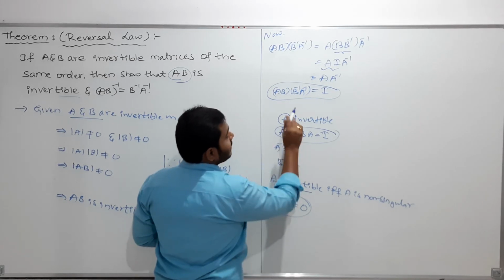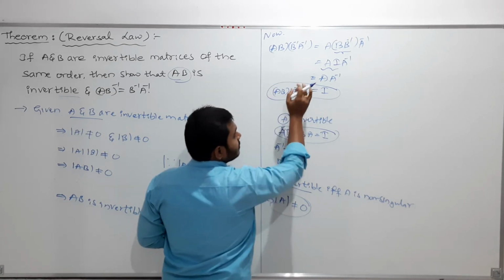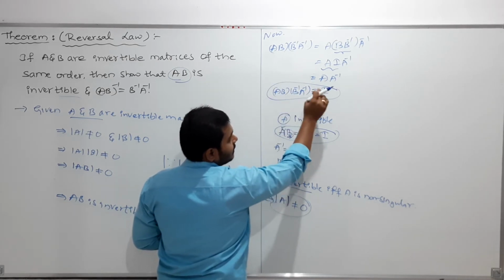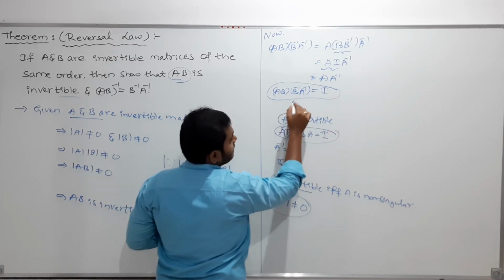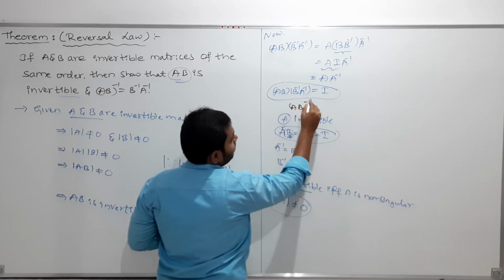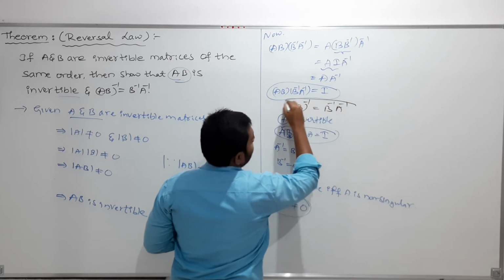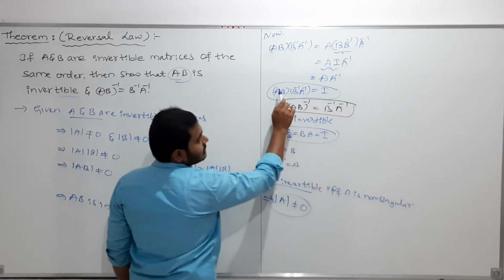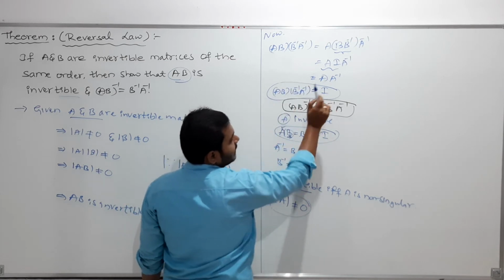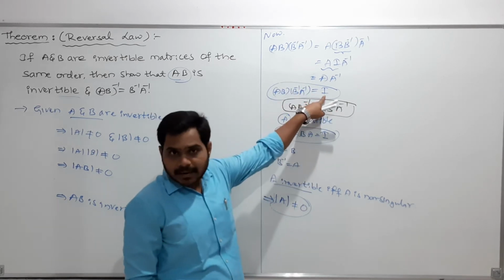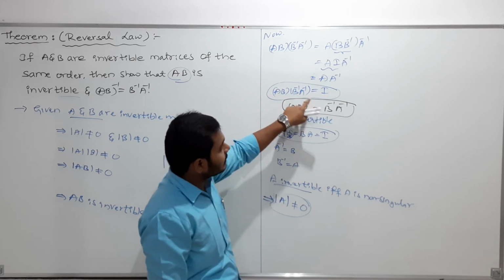Consider this as one matrix and this as the other matrix. If the multiplication of these two matrices gives the identity matrix, I can write that this inverse is equal to this. So the inverse of AB is equal to B inverse into A inverse. This is because if I take the product of these two matrices, I get the identity matrix, which implies that the whole inverse is nothing but this value.